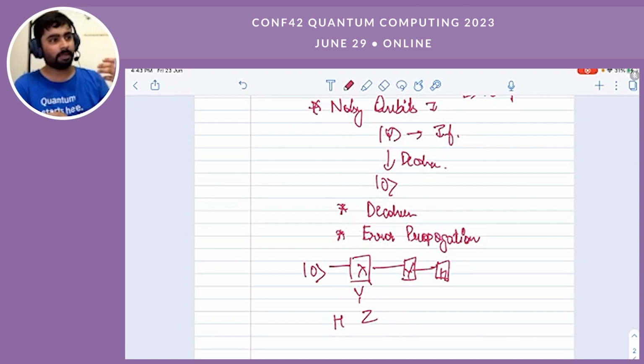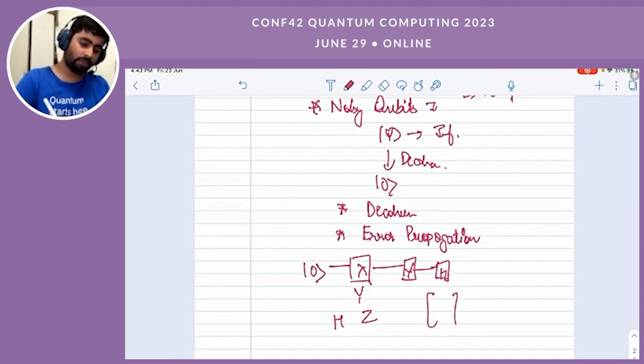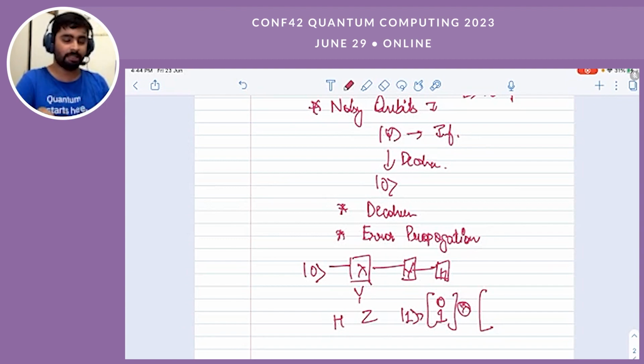Every time a qubit passes through a gate, in a mathematical sense, it's very easy for us to know, if you have read the basics of quantum computing, that every qubit is basically a matrix, right? So I have a simple matrix of 0 and 1. When I say I pass it through a gate, I basically multiply it with the matrix associated with that gate, in gate-based architecture at least.